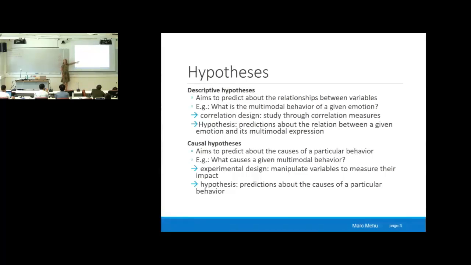Here you want to understand why this person is feeling this emotion, why this person is showing this particular emotion. The way to do it is by manipulating some variables, for example some expressions, to measure their impact on perception. So as a hypothesis, you predict the effect of particular variables on the perception.